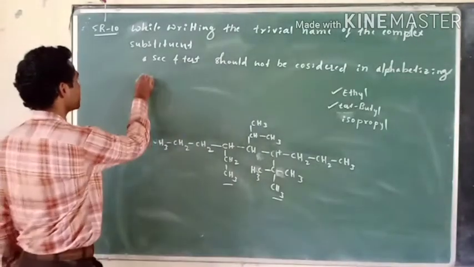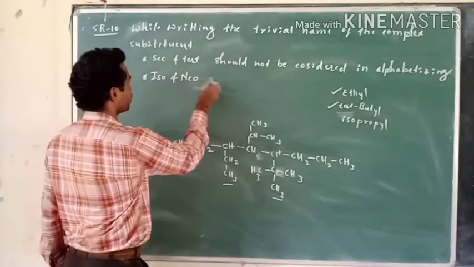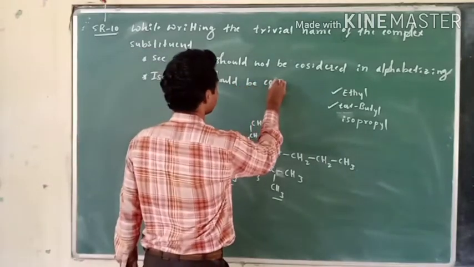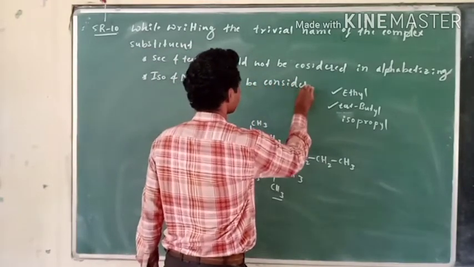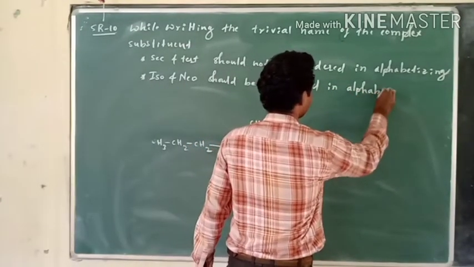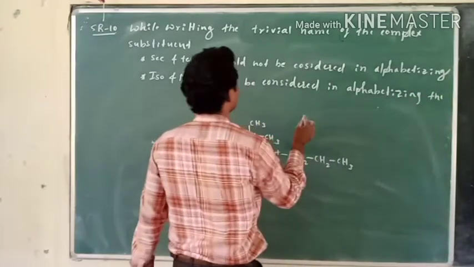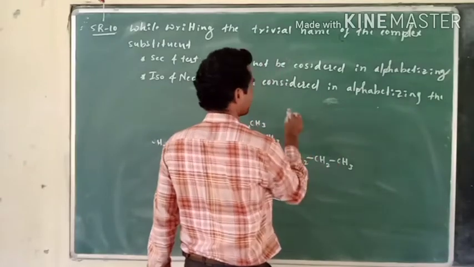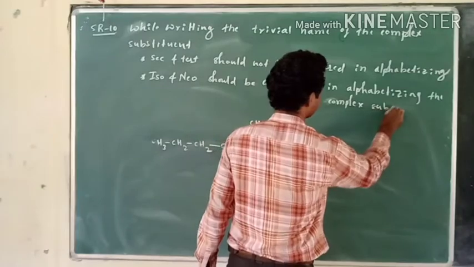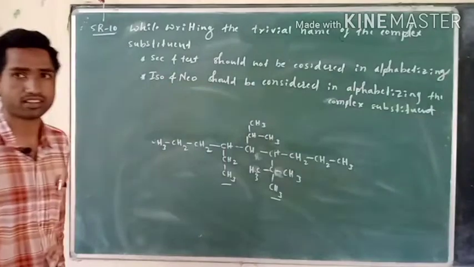So next thing is iso and neo should be considered in alphabetizing the complex substituent. This is what the rule is, right?